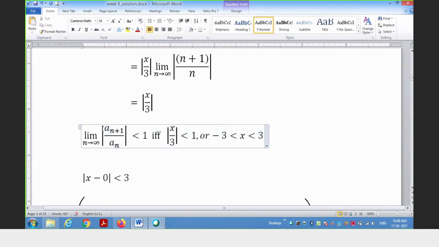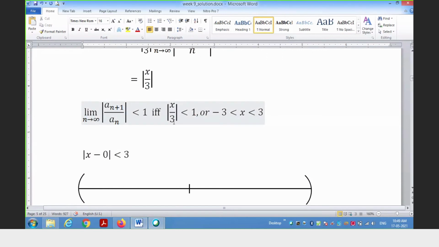So you replace this term limit with x over 3, less than 1. That means x must be between minus 3 and 3 for this value to be less than 1.